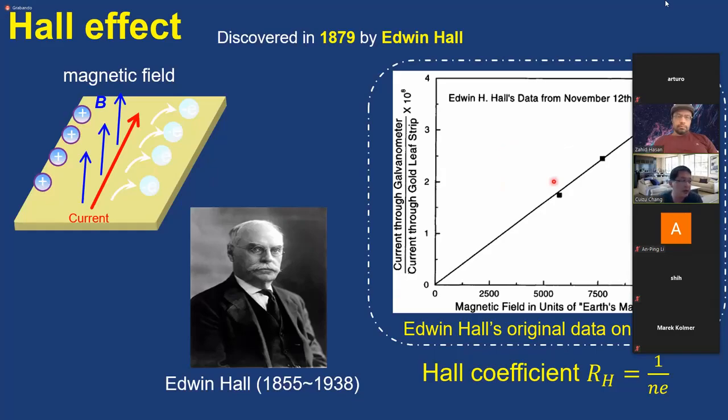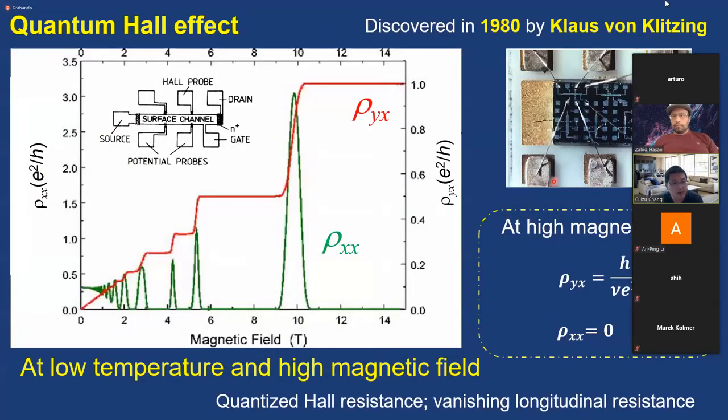And we notice that the Hall effect has been widely used to identify the carrier density and the carrier mobilities in conducting materials. About 100 years later, the quantized version of the Hall effect, called the quantum Hall effect, was discovered by von Klitzing. In the quantum Hall effect, at high magnetic field, the Hall resistance is quantized and the longitudinal resistance becomes 0.